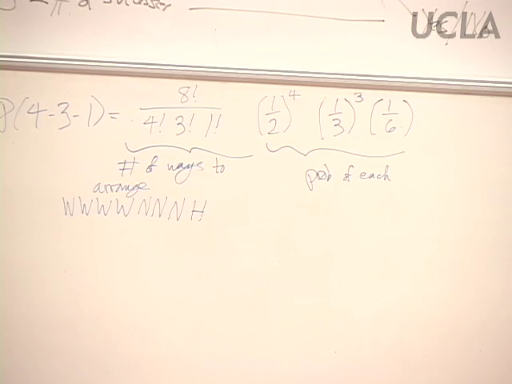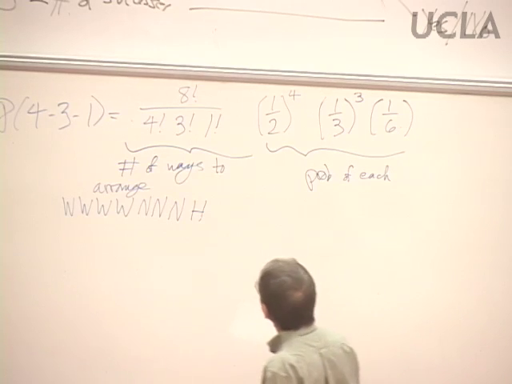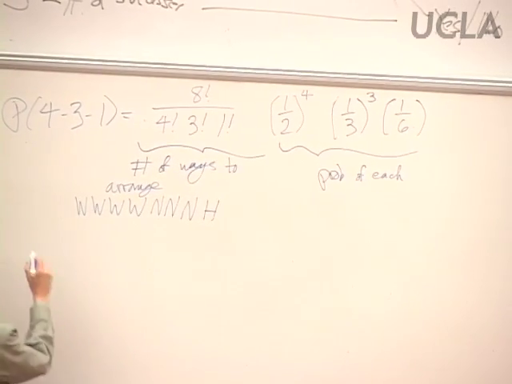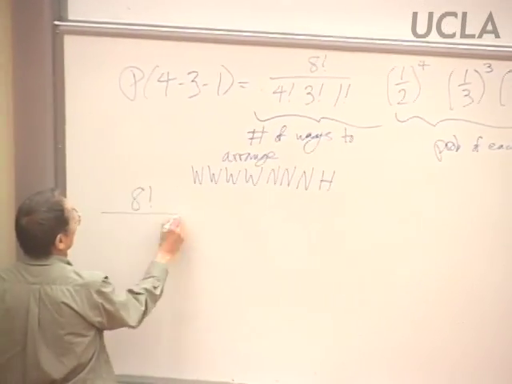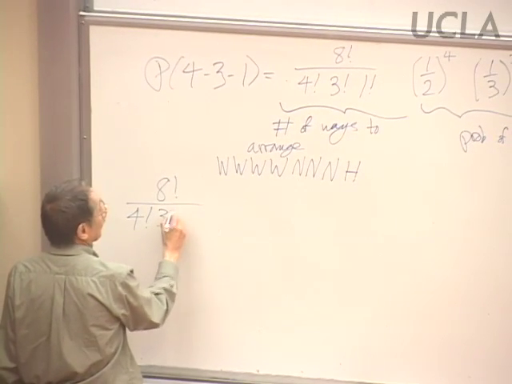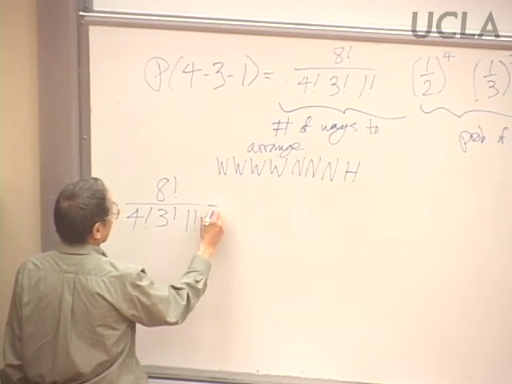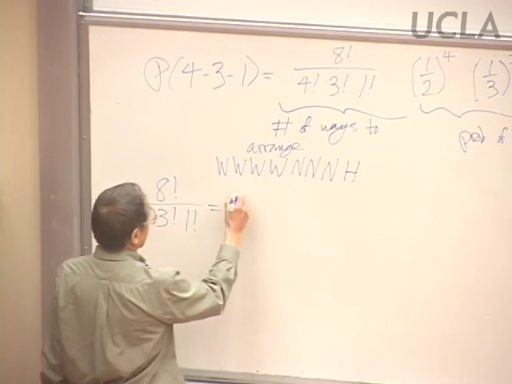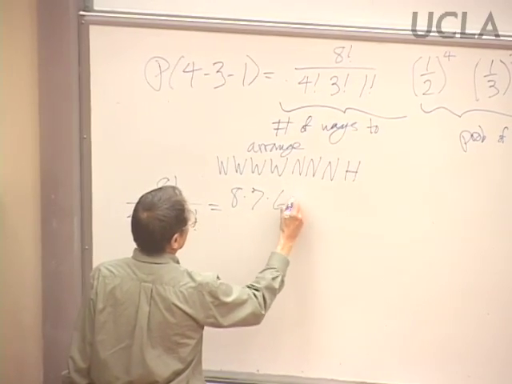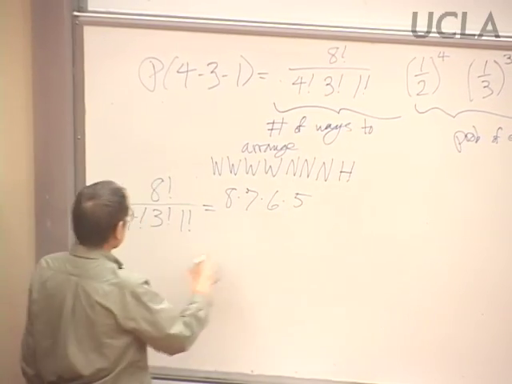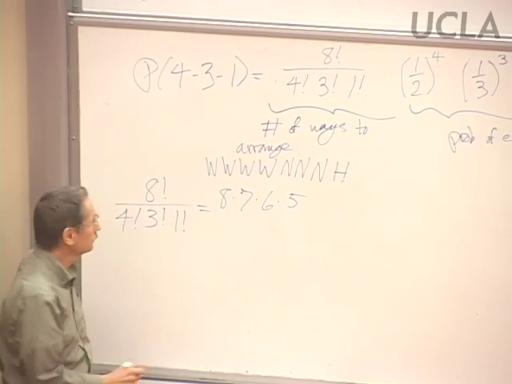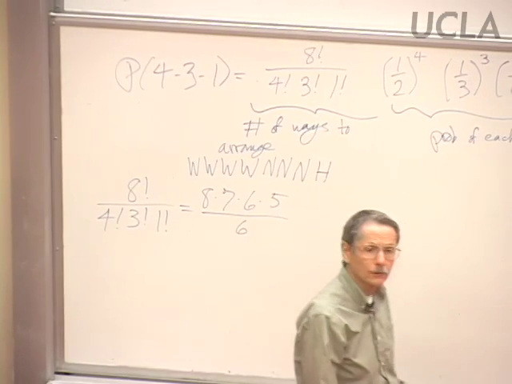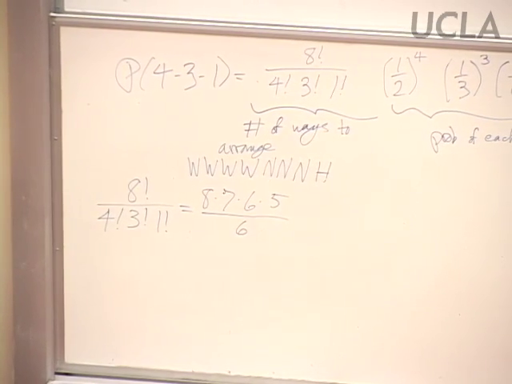Well, so when we work this out, well, that counting part is not too bad. 8 times 7 times 6 times 5, and then some things that cancel with the 4 factorial, divided by 3 factorial, which is 6, and 1 factorial is just 1, so we'll ignore it.